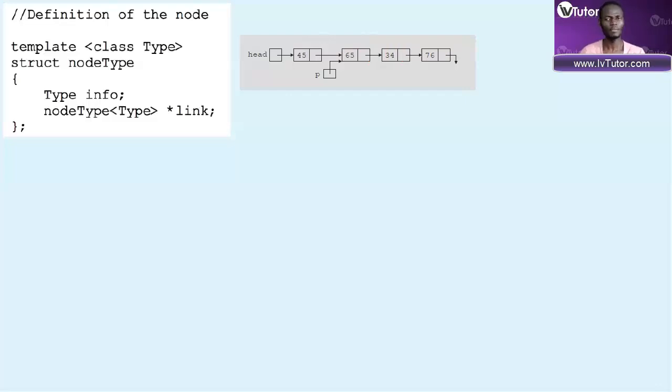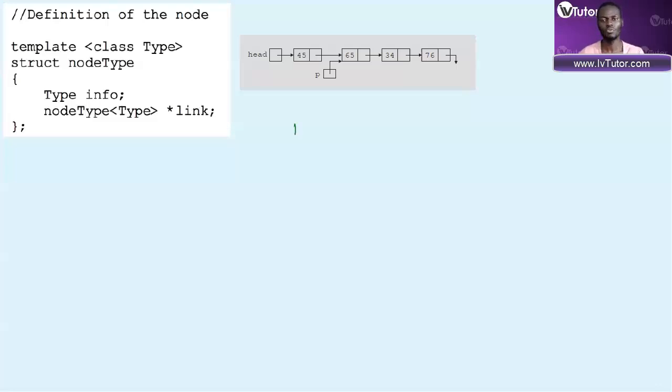Right. Now, there's something very important that I want you to realize in this diagram. We've got two pointers here. There's a pointer called head, and there's a pointer called P. P is a pointer pointing at this node. Head is a pointer pointing at this node. Now, I find this confusing. So if you've been with me or if you followed all our classes, you realize that I don't like drawing these diagrams like this.